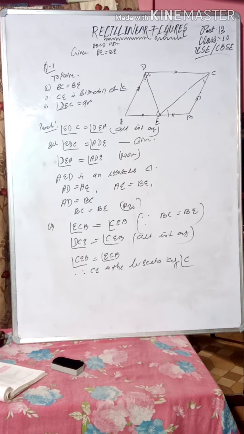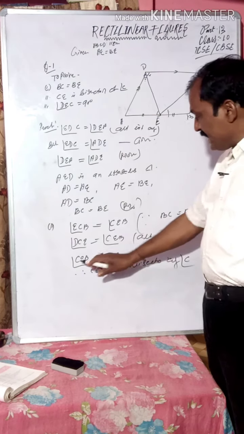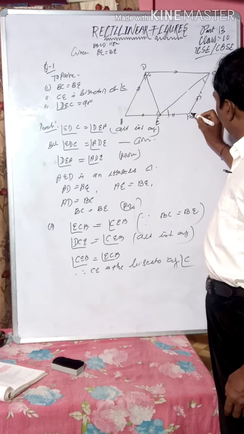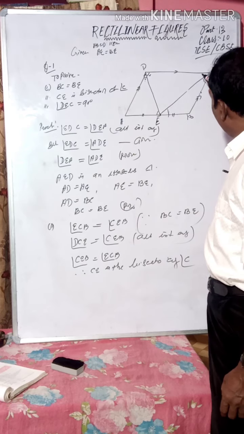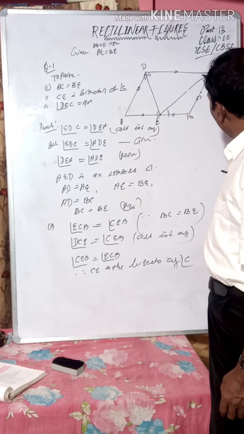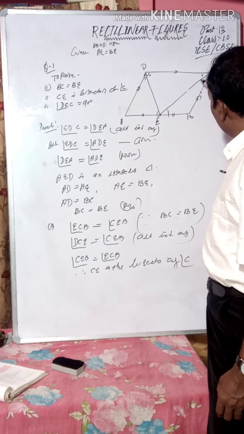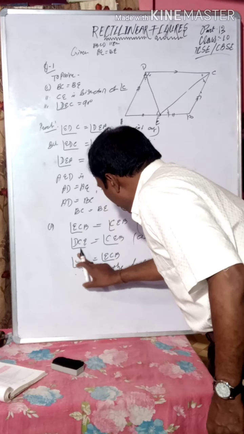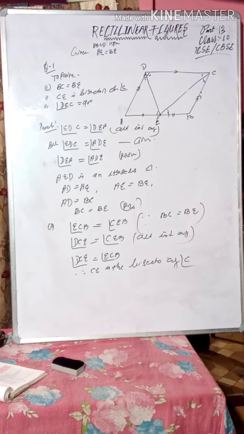And third, angle DEC. Angle CEB is equal to angle ECB. This is our first phase. Second phase, this angle is equal to this angle, so this is equal to this, and this equal to this. So angle DCE is equal to this, so CE is the bisector.